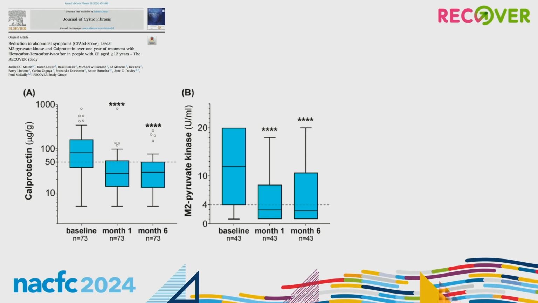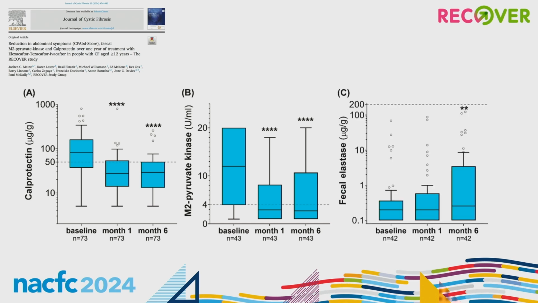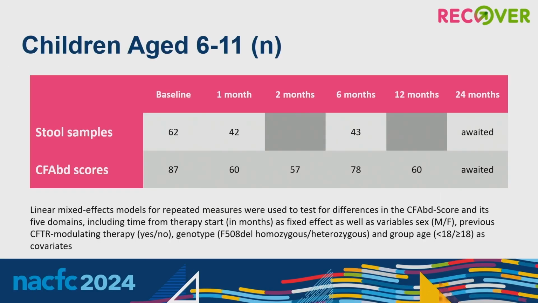Also a significant decrease in the M2PK, which I understand is thought to be a measure of cell turnover, and a significant increase in fecal elastase, although in this older aged group, not above the cutoff that would normally mean anybody would be able to come off their pancreatic enzyme treatment. So that was just to set the scene for what we'd seen previously.